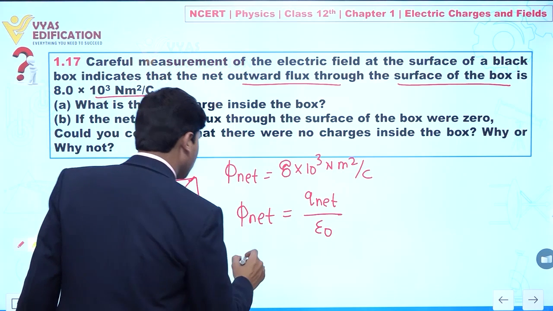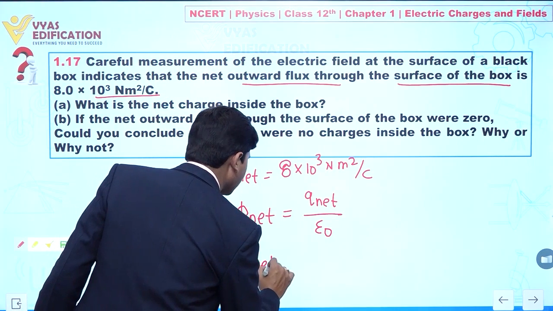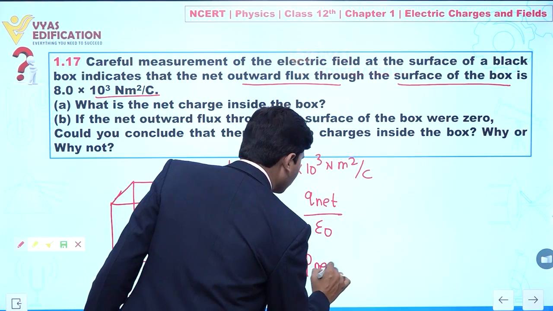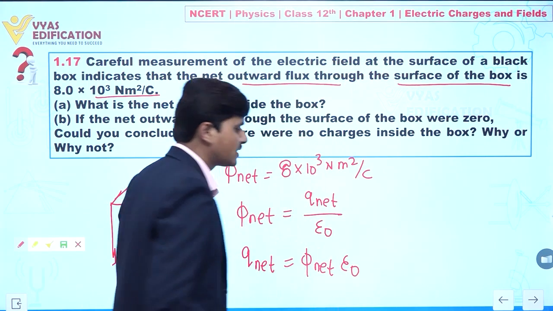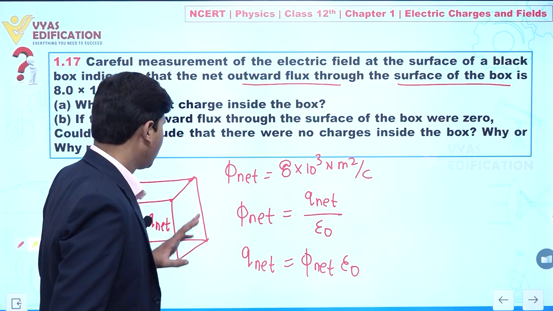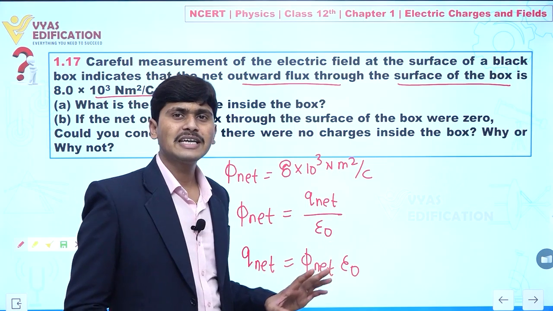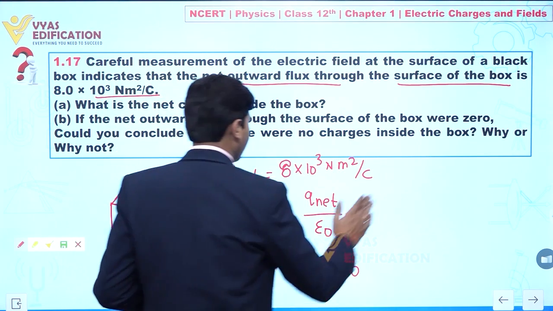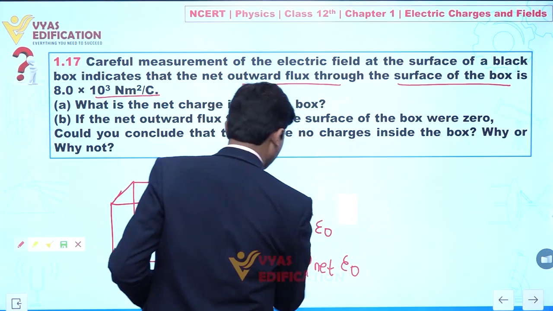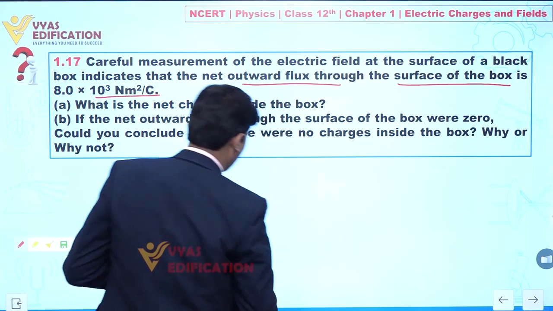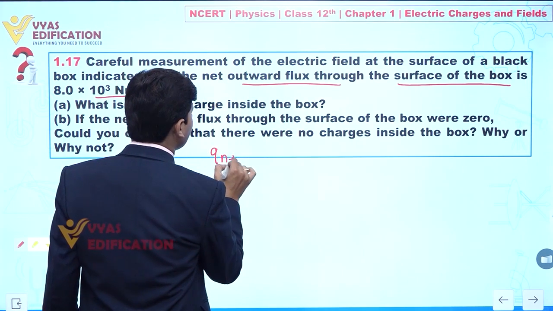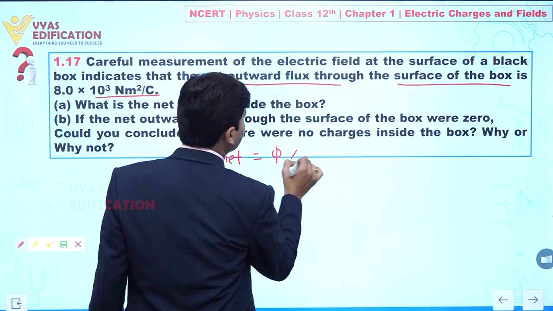Our objective in this question is to calculate the net charge, so Q net equals phi into epsilon naught.